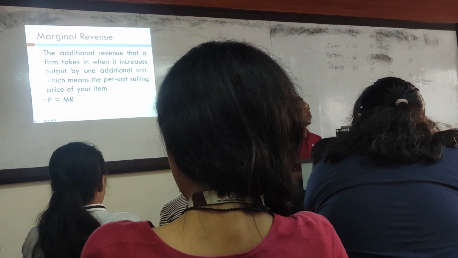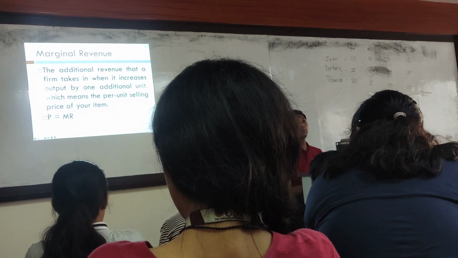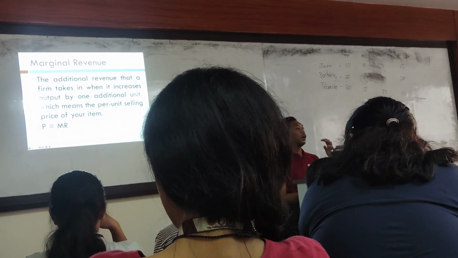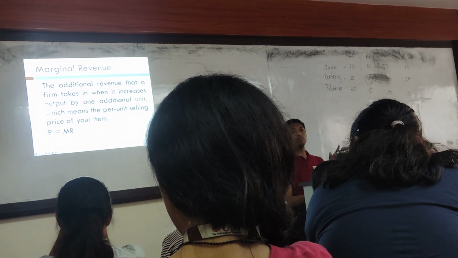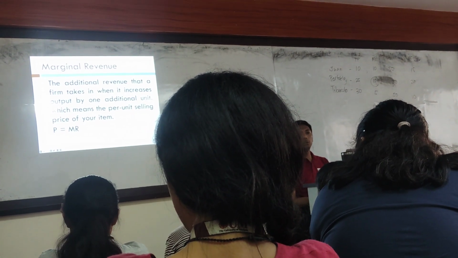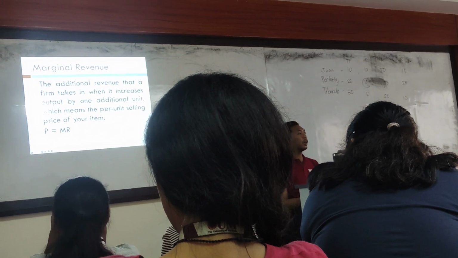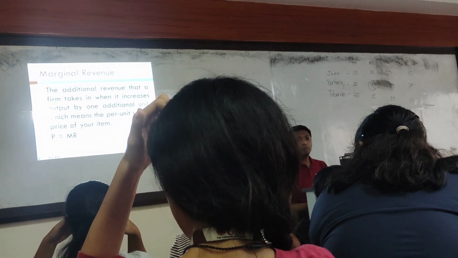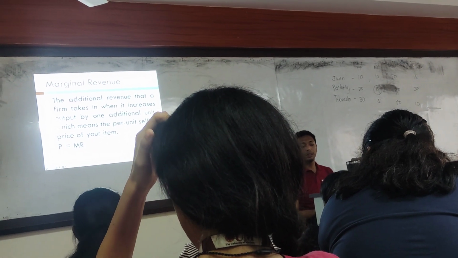Okay? So marginal revenue is equivalent to price, which is true, because whatever the price of your product also means your revenue. So the higher the price, the higher your revenue. Right? Yes, sir.